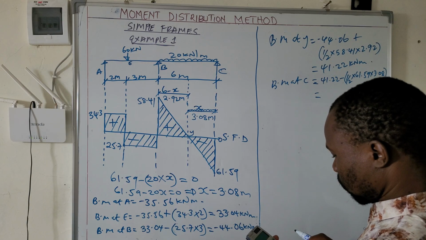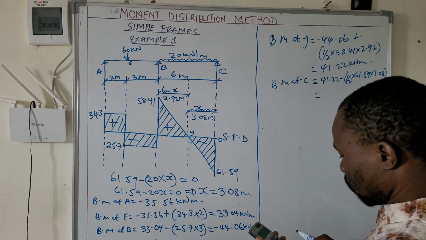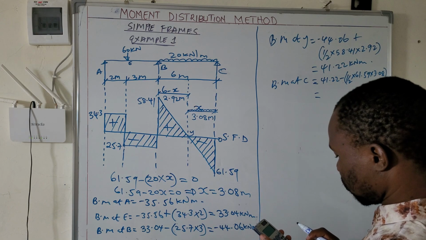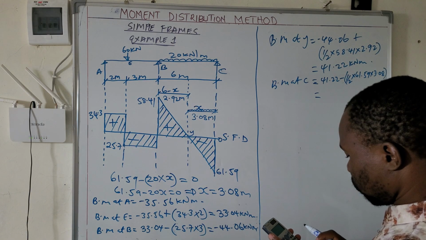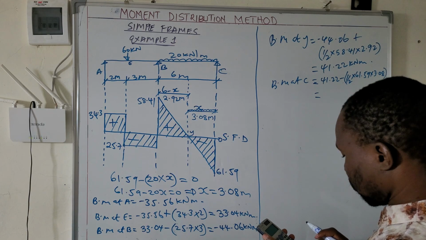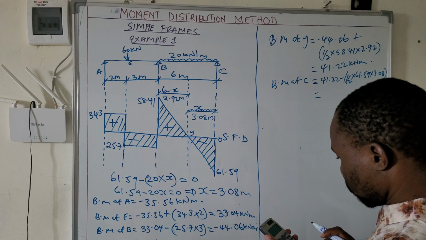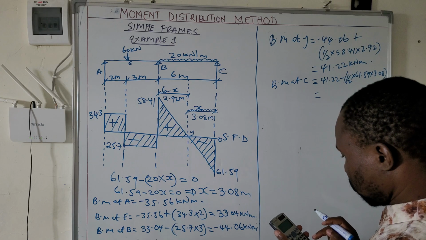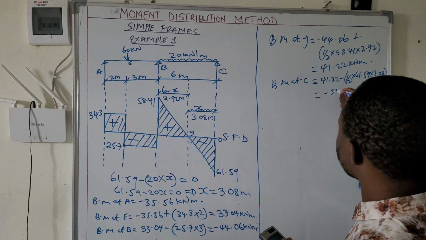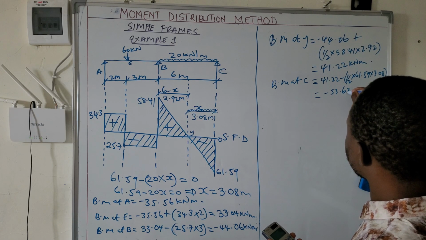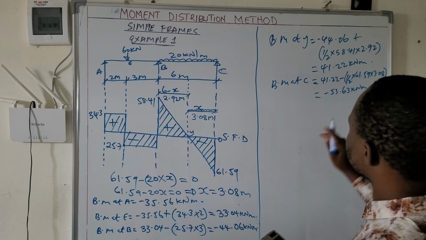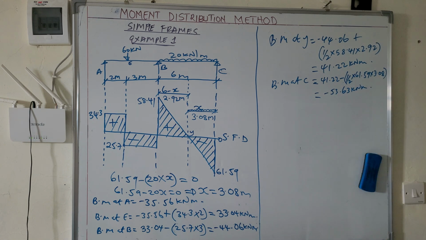So minus 0.5 times 61.59 times 3.08, which is negative 53.63 kilonewton meter. Now we have our bending moments at various points.